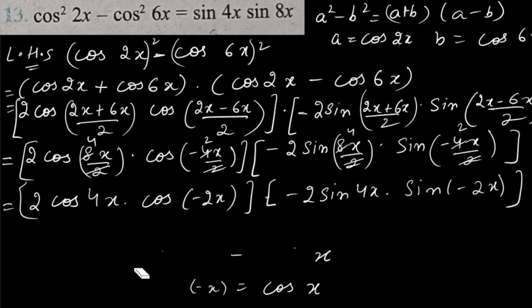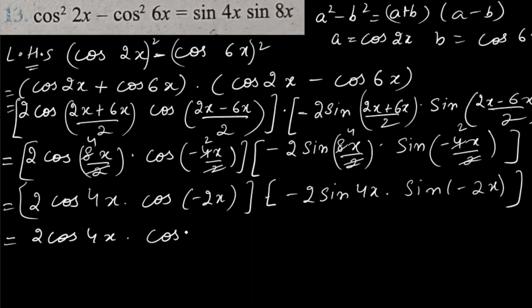Okay, so let me use this one. So 2 cos 4x into cos 2x, because in case of cos the minus sign will be eaten. So minus 2x will become 2x only in case of cos.